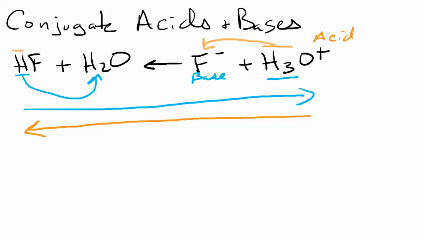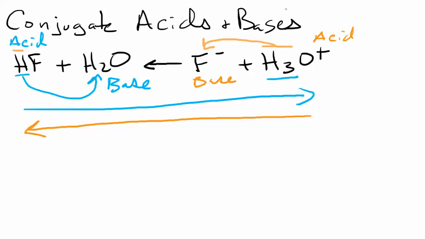On the original side, the hydrogen fluoride was the, I don't like the way that I did that. Let me erase that. I don't want to confuse you guys. In the original direction, let's write that again. There we go. In the original direction, it was the hydrogen fluoride that was the acid, and it was the water that was the base.